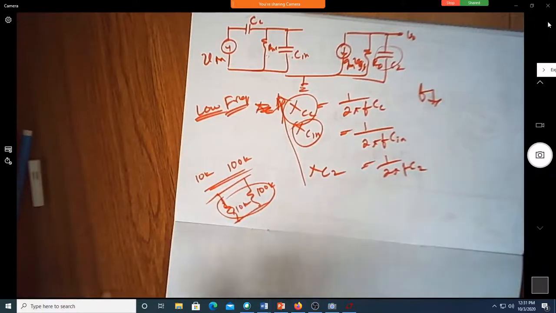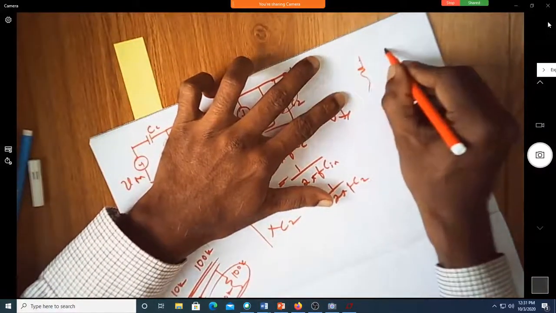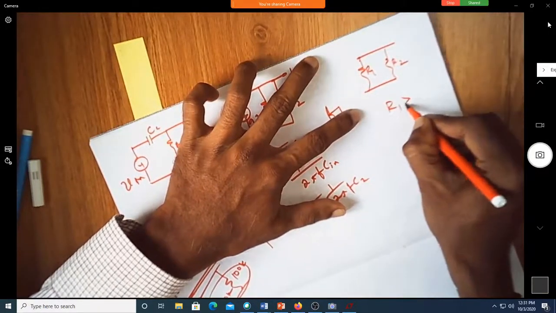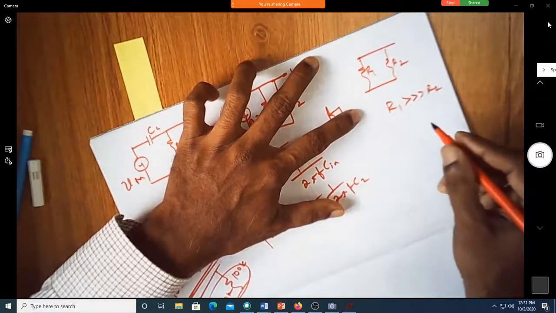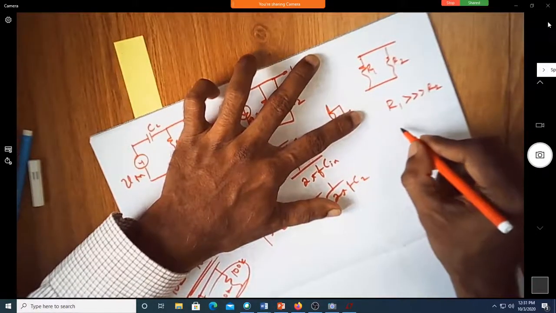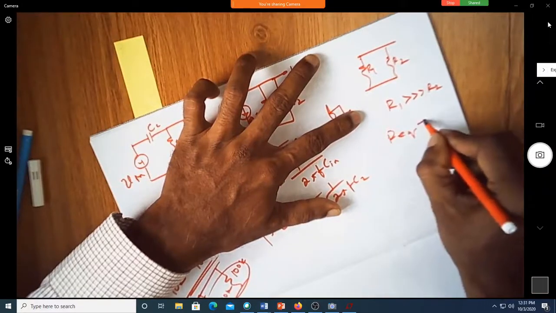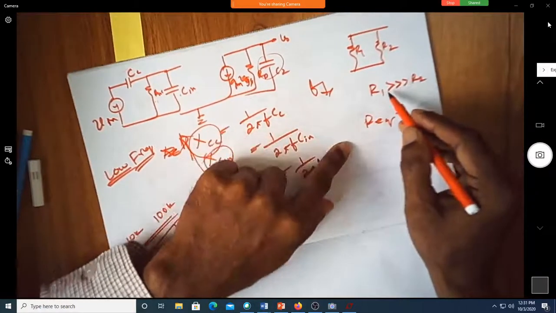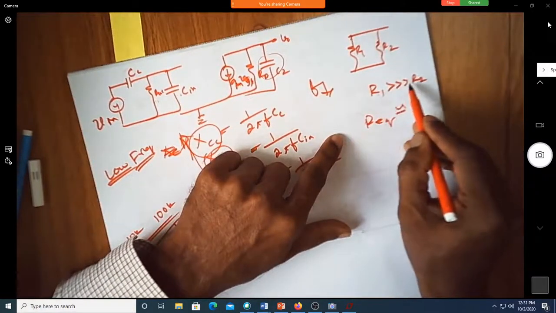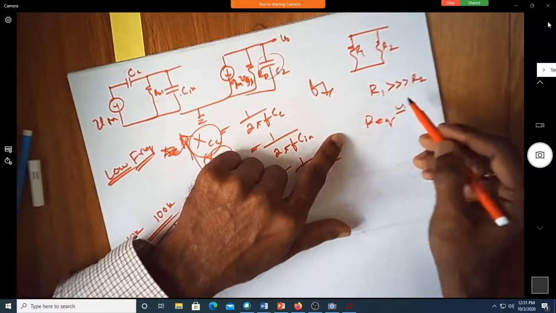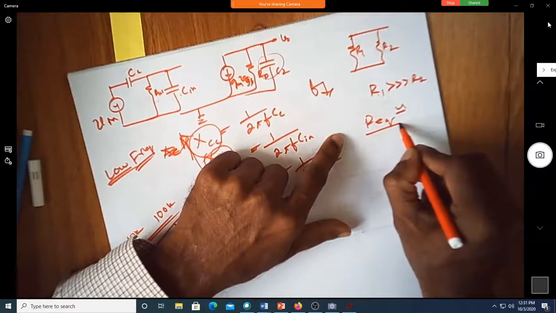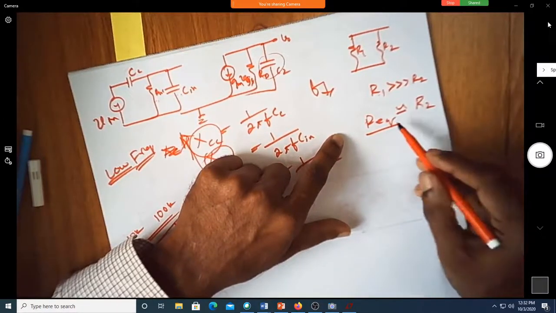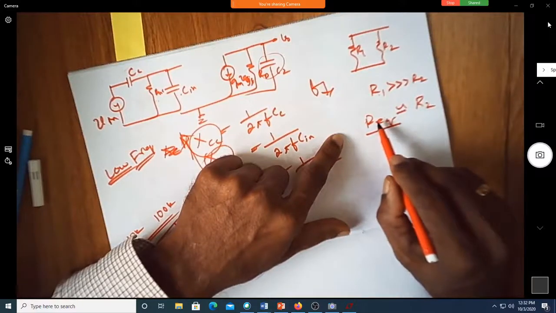When you have two resistors R1 and R2, and R1 is far greater than R2, the equivalent resistance will be closer to the smaller one.